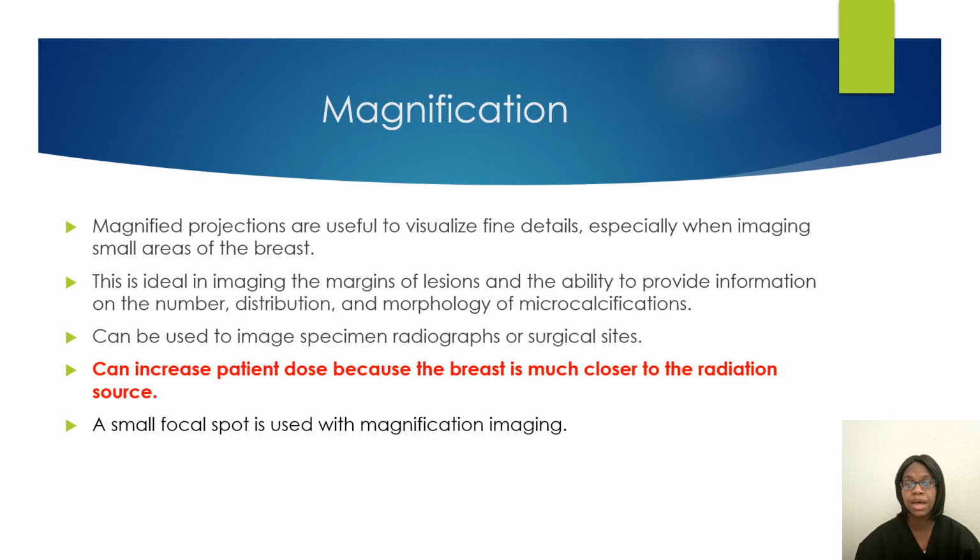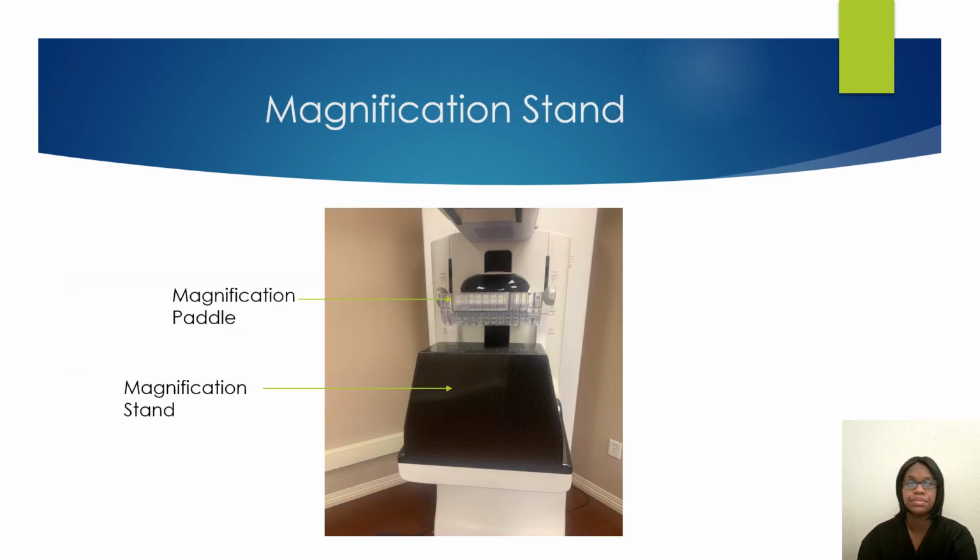A small focal spot is used with magnification images. You can pause and read this information. This is an example of the magnification stand and the paddle that is used.